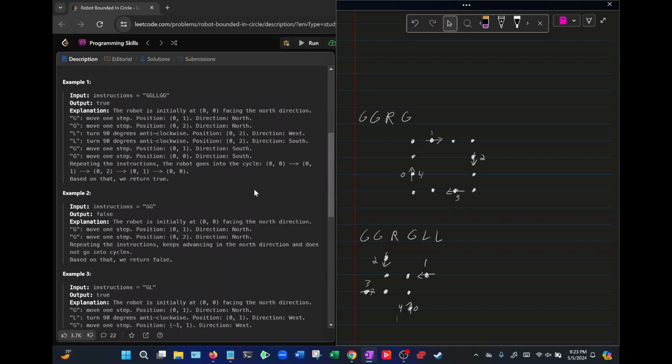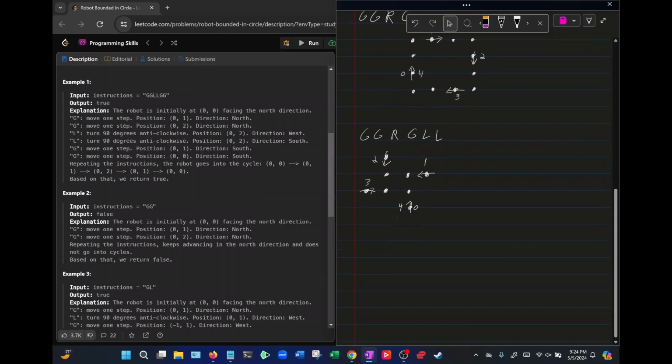So we're going to write out a proof of this claim: we end up in a cycle if and only if, after one run through the instructions, either we remain at the origin or we are at a different point than the origin and not facing north. Okay, so let's make this mathematically rigorous.